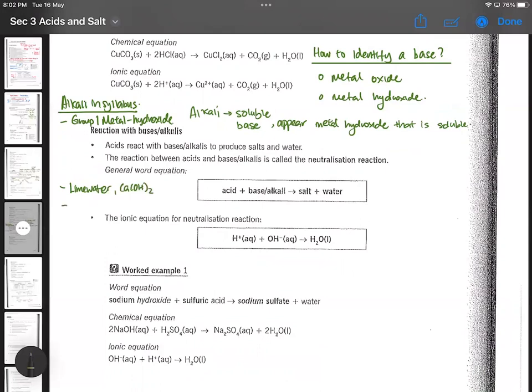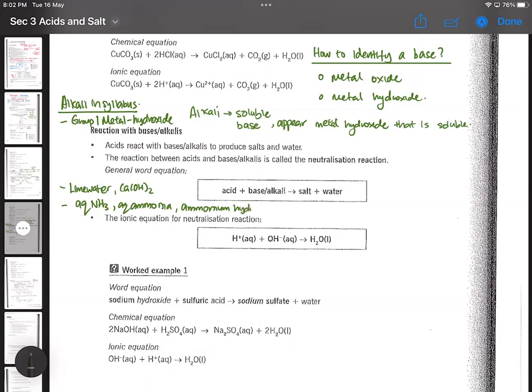And the last one, not so common yet, but this particular alkali will come to you very frequently, very soon, is the alkali of ammonia. We normally call it aqueous ammonia, or we also call it ammonium hydroxide.